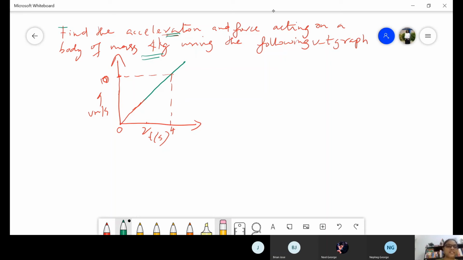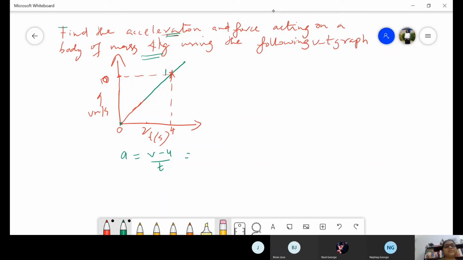So acceleration is change in velocity divided by time. So here acceleration is equal to V minus U by T. U will be 0 because the body starts from rest. And what is the final velocity? Final velocity means when the object reaches this point.